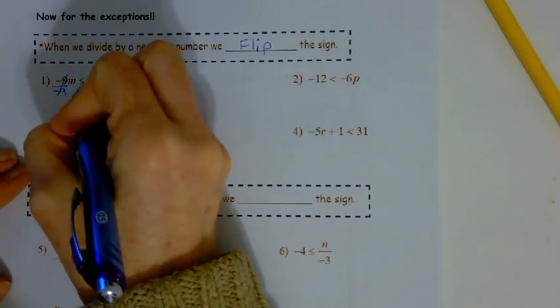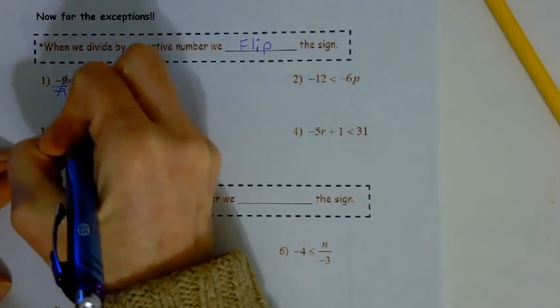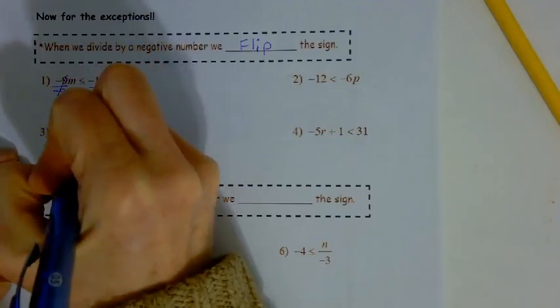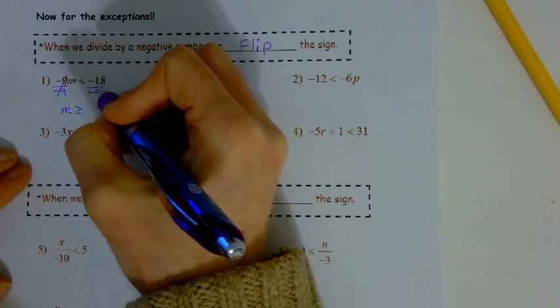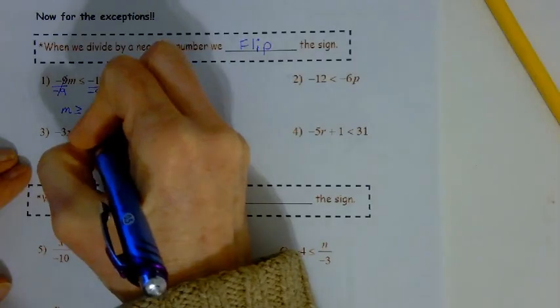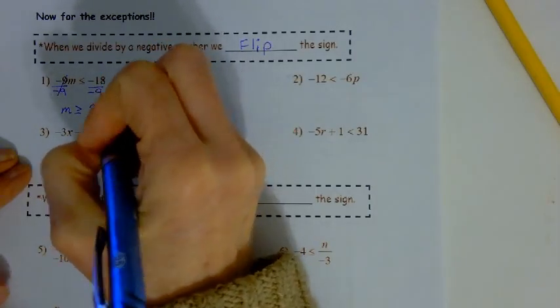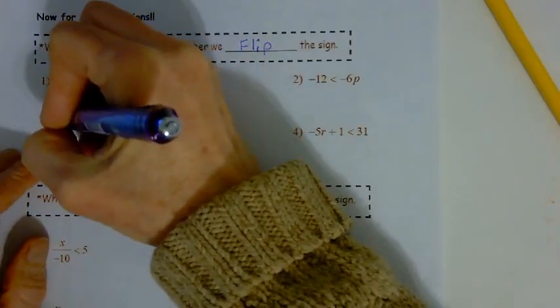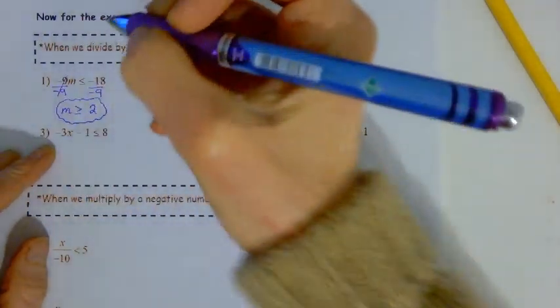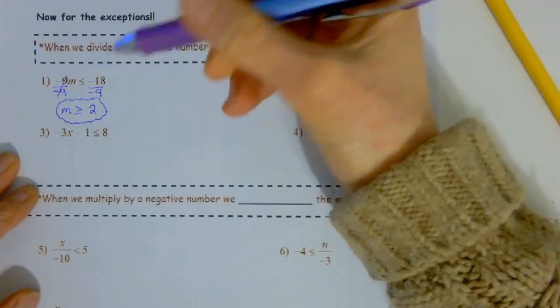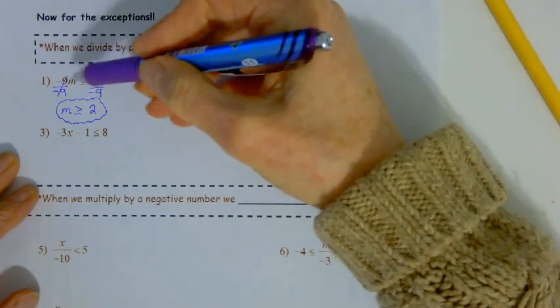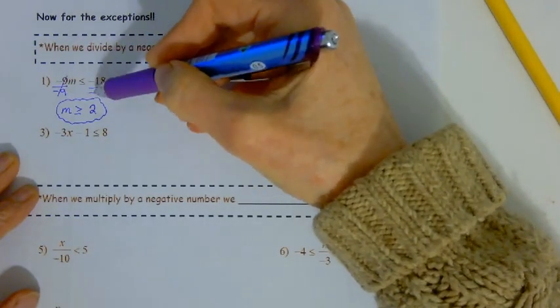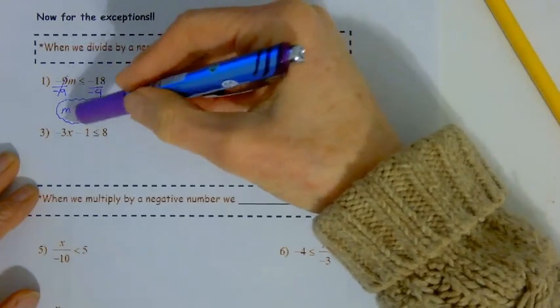We need to make it greater than or equal to. And then we have negative 18 divided by negative 9, which is a positive 2. And now this answer right here will represent the correct answers for this inequality. If you don't flip this sign when you're dividing by a negative number, your answer solution set will be wrong. It's just a quirky thing with these inequalities.